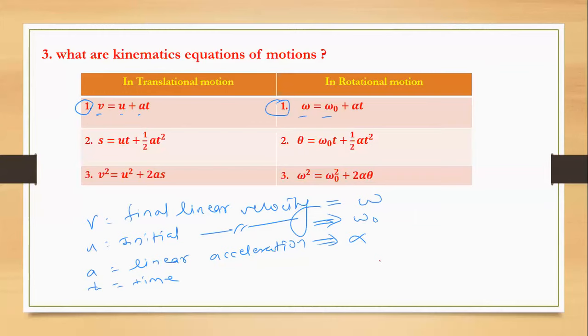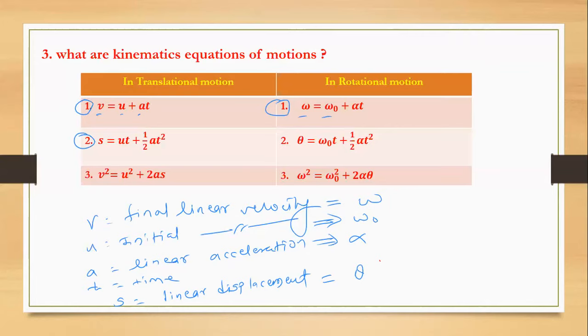Now go for the second one. In the second kinematical equation, S is equal to ut plus half at square. In this equation, S is the linear displacement. The linear displacement in rotational motion is replaced by angular displacement, which is theta.